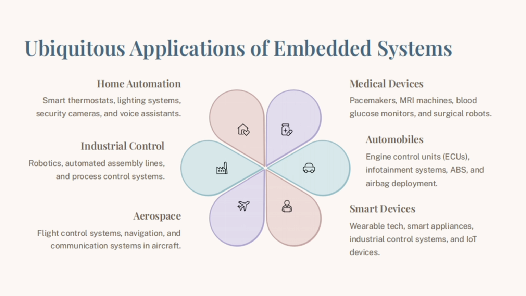They serve as the hidden intelligence across various critical sectors. Home automation: they power our smart homes, managing everything from thermostats and lighting systems to security cameras and voice assistants for a more connected living experience.